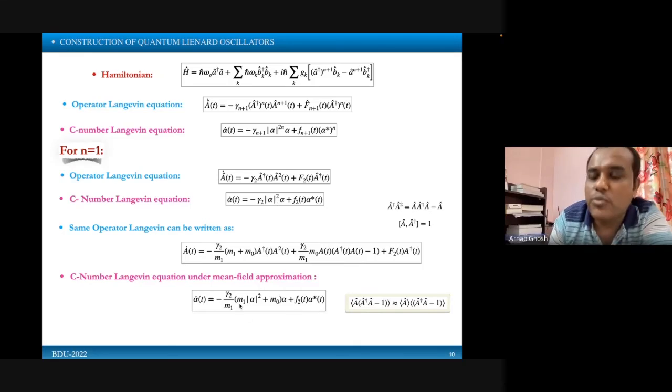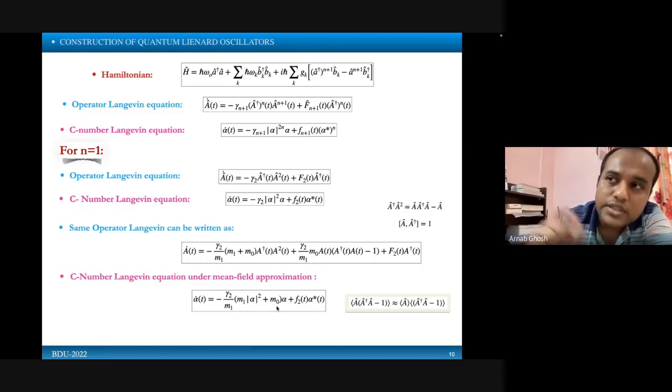Now I choose my M1 and M0. This is up to me. Now, how do I identify M1 and M0? Depending on whether I want to identify it as a Van der Pol or the Rayleigh, that's how I choose it. So these are all free parameters, and these free parameters are restricted by these conditions. How do I want to identify this with the standard form of the Van der Pol and Rayleigh?